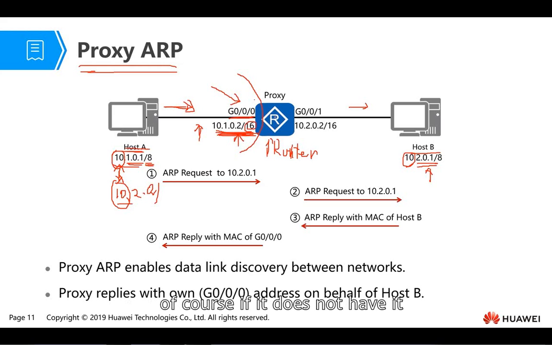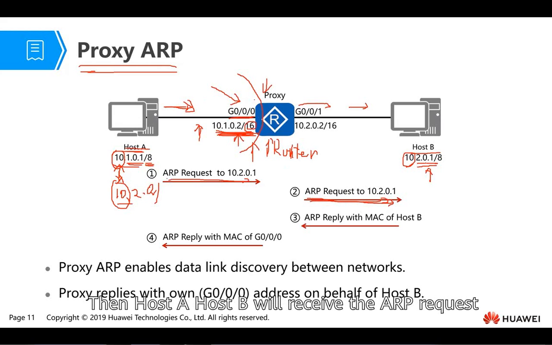If it does not have one, the router will relay the ARP request to the other network. This is the first step: host A sends the ARP request, and then the router relays it. Of course, by default, the router will not relay it and just drops it. If you enable proxy ARP on this interface, then the router will relay the ARP request to this network.